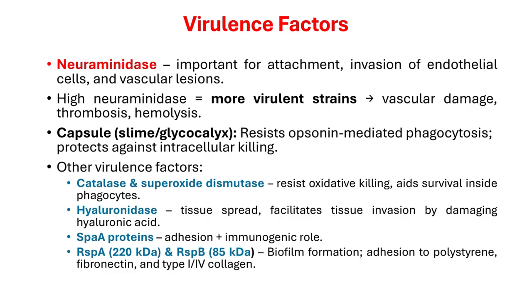Neuraminidase removes sialic acid residues from host cells, playing a crucial role in attachment and the development of vascular lesions. Hyaluronidase acts as a spreading factor by breaking down hyaluronic acid in connective tissues, allowing deeper tissue invasion. Finally, superoxide dismutase neutralizes oxidative metabolites released by phagocytes, helping the bacteria survive inside host cells.